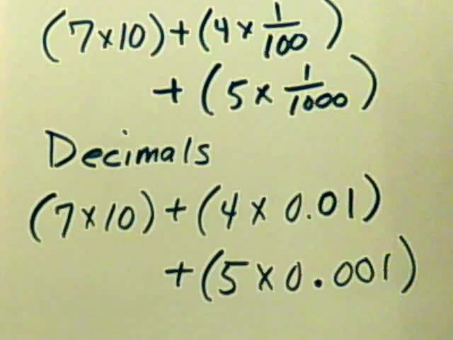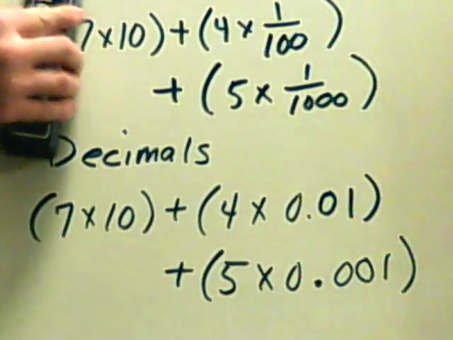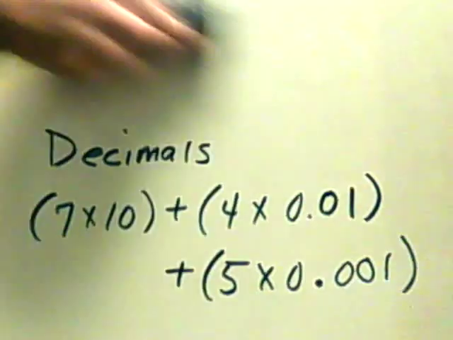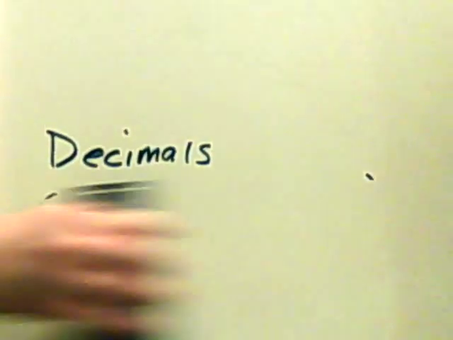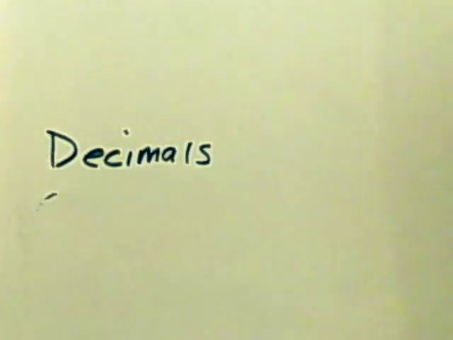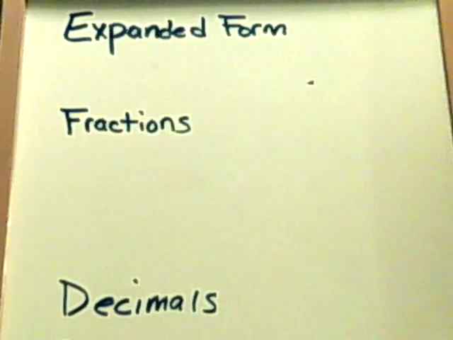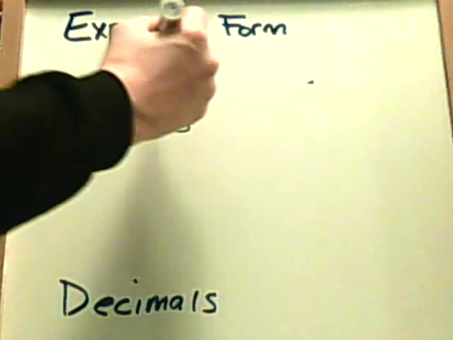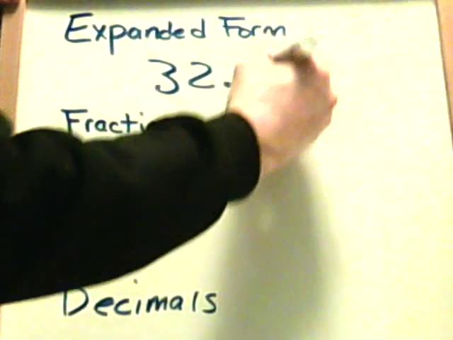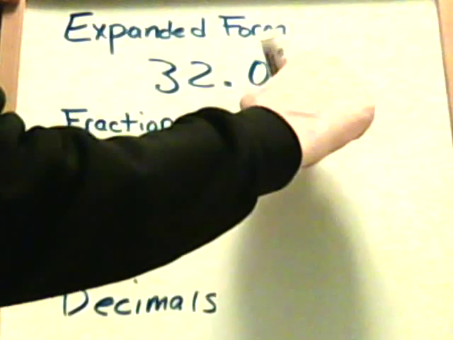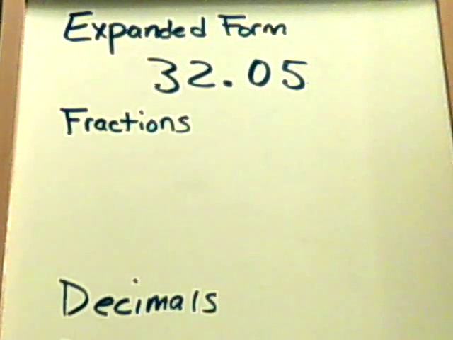Now, there's many different forms of this, and I will just give you one more example since we're here. I'll do a different number that will show you how to do this, for a slightly more complicated one. So we'll move back up to the fractions part, and I'll give you another number, let's say 32.05. Okay, this is probably a more normal question that you would get anyway.